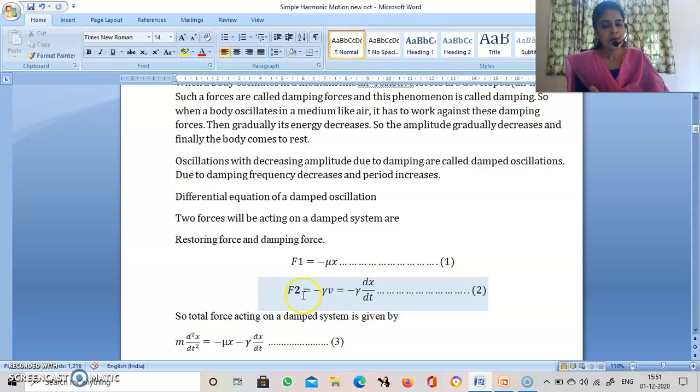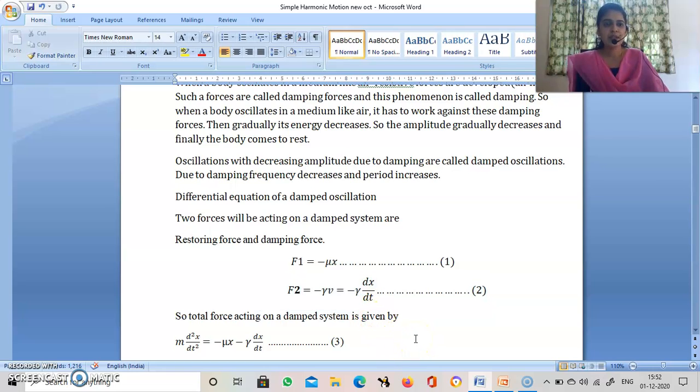Here also the force is opposite to the direction of velocity. That's why the negative sign comes. In terms of the displacement x, we can write the velocity as the rate of change of displacement. So F2 is equal to minus gamma dx by dt.